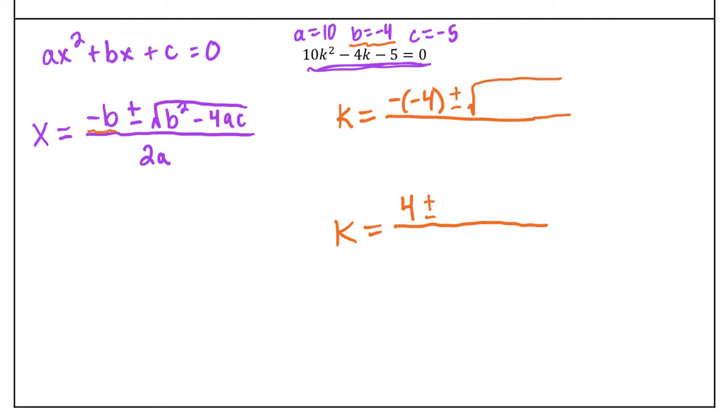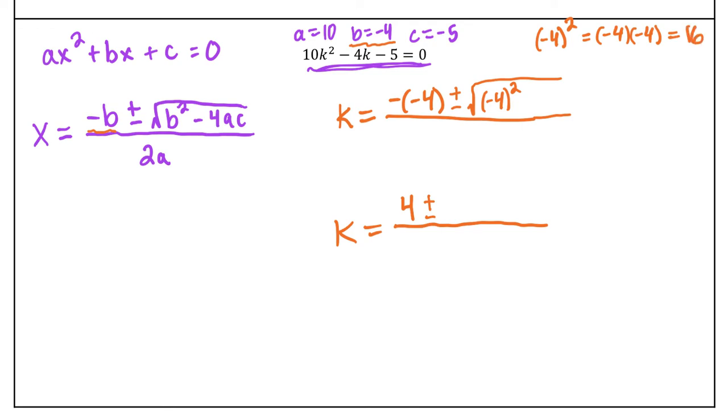Okay, and so under the square root, we have b squared. It is important that you understand that when we square something like this in a formula, we're squaring that entire number. So when I do b squared and b is -4, I am squaring -4, which is -4 times -4, which is positive 16.